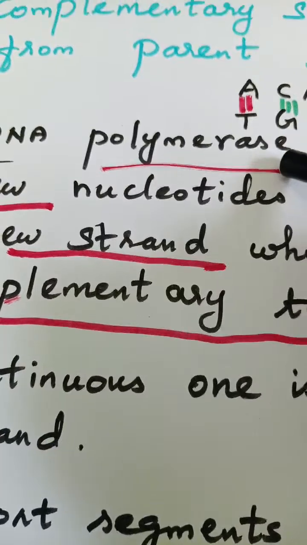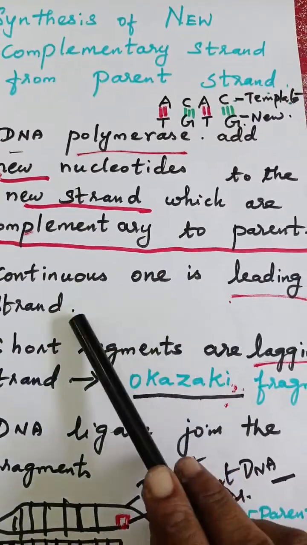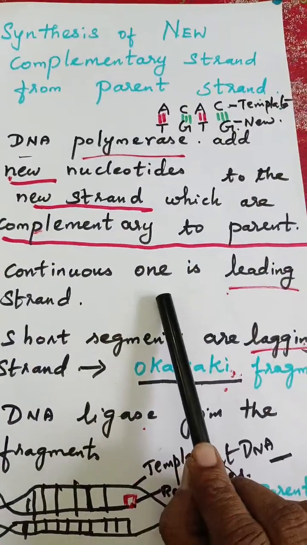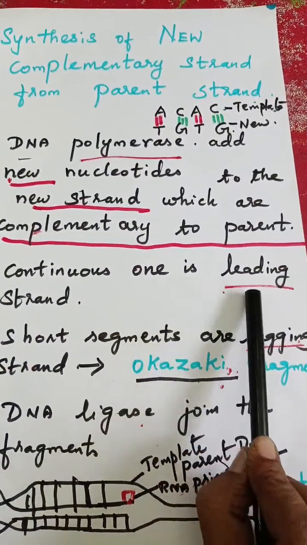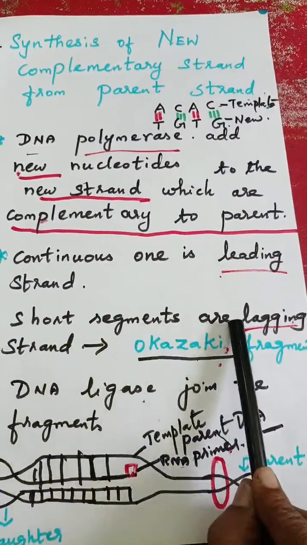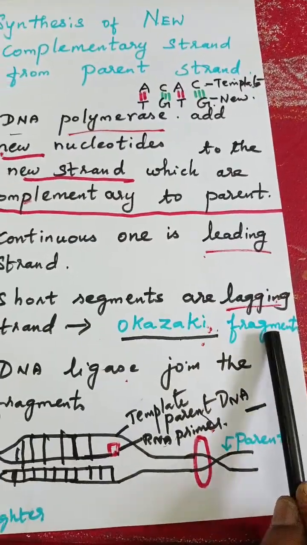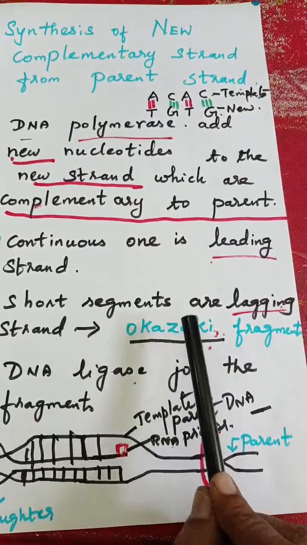Understood? And then this polymerase continuously produces the new strand. The strand which is continuous is known as the leading strand, and the short segments are known as the lagging strand, which is also known as the Okazaki fragment. Find out why it is called Okazaki.